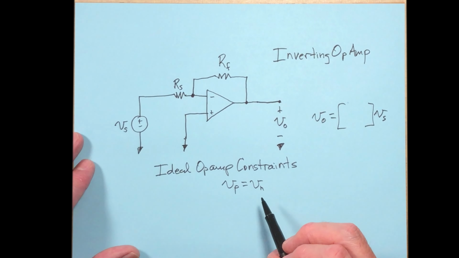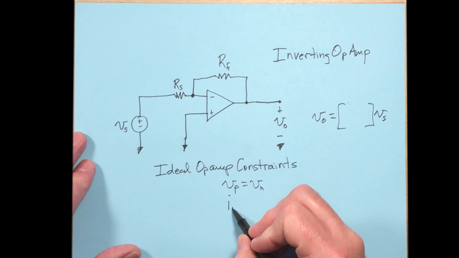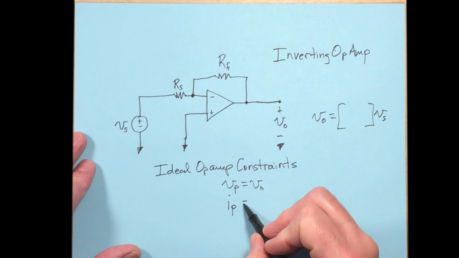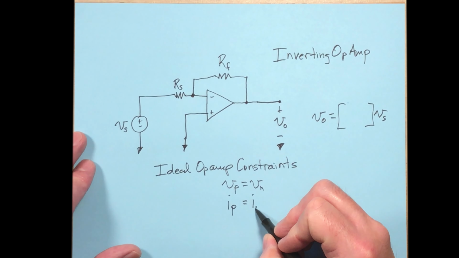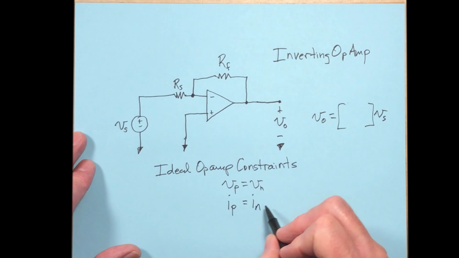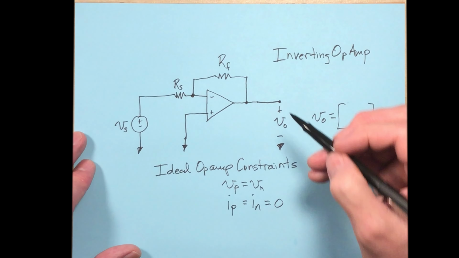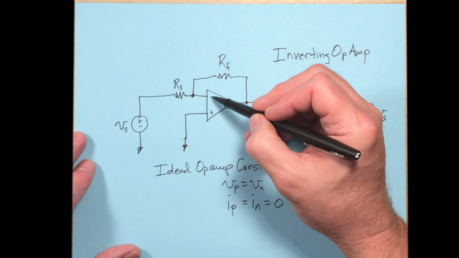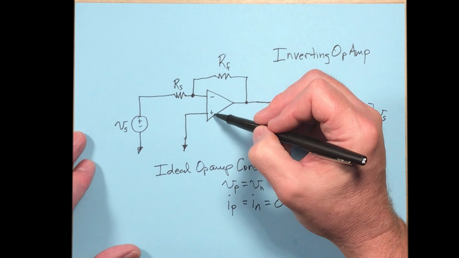The second idealized op-amp constraint is that any current that happens to be going in on the non-inverting side is equal to the same current that's going in on the inverting side, and those are both equal to 0. In other words, we've got no currents going in here. So there's no current going into the inverting input or the non-inverting input.